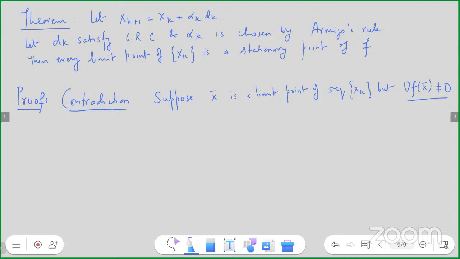Now we are using the step size selection using Armijo's rule. So what do we have? The Armijo rule implies that f(x_{k+1}) is less than or equal to f(x_k).